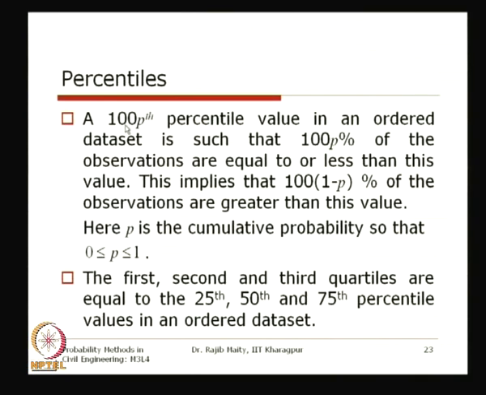In general, the 100pth percentile value in an ordered data set, meaning the data set is arranged in ascending order, is such that 100 multiplied by p% of the observations are equal to or less than this particular value.